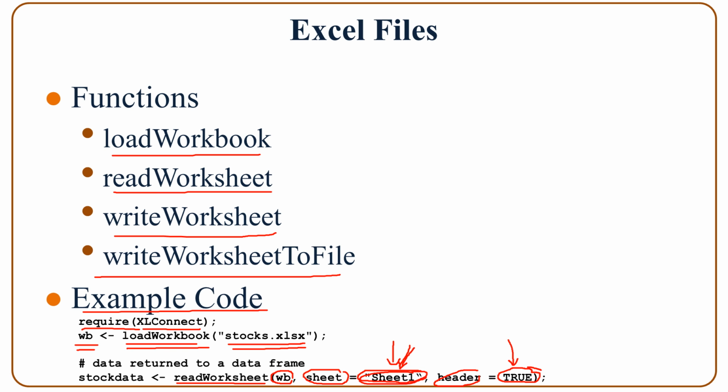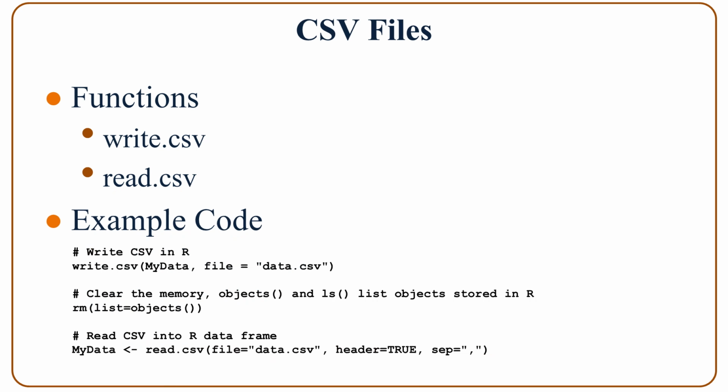For CSV files, you can use the write.csv and read.csv functions. CSV files are just text files with the delimiter comma, right? So between fields in CSV files, commas are used to separate the fields.